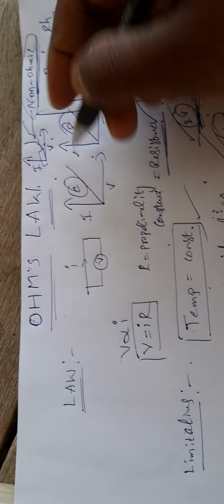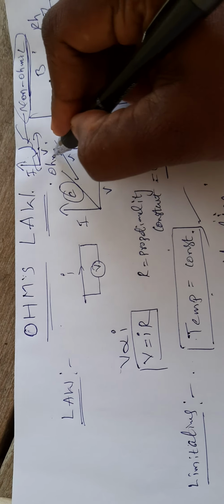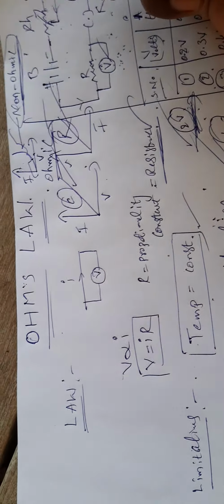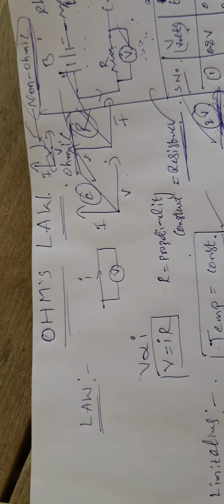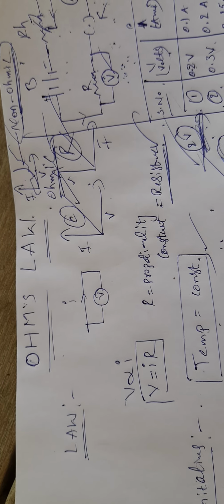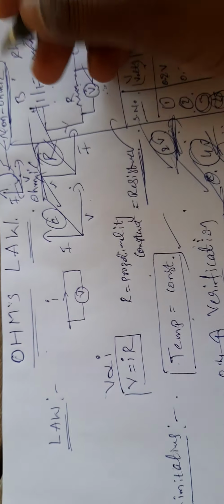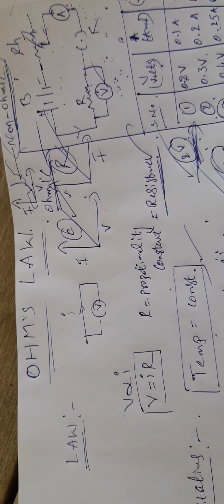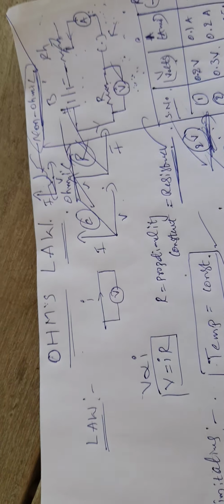These are all ohmic graphs. Which are called ohmic and which non-ohmic? The substance which obeys Ohm's law is called an ohmic conductor. The substance which does not obey Ohm's law is called a non-ohmic conductor.